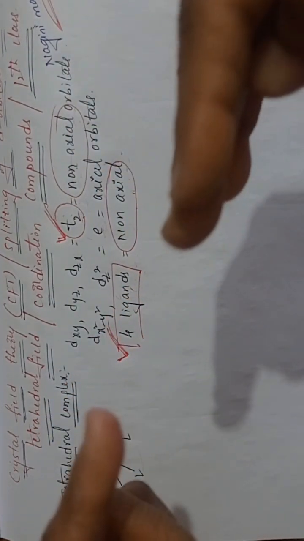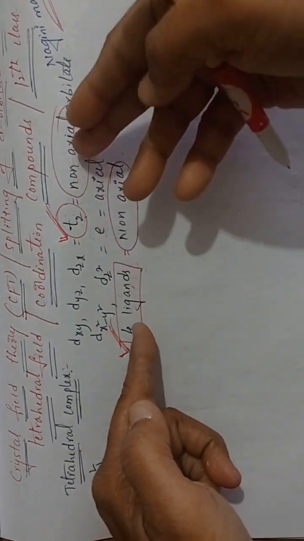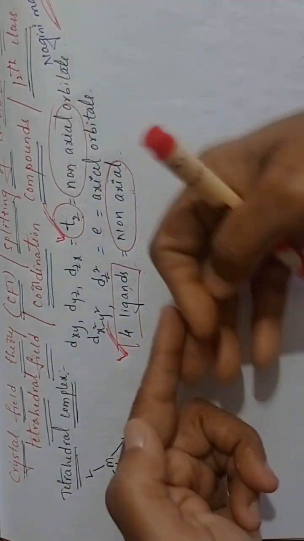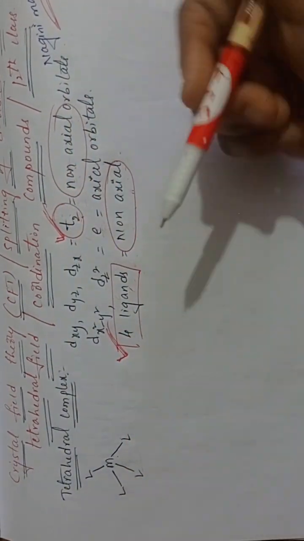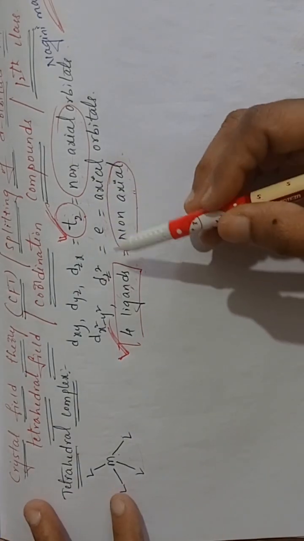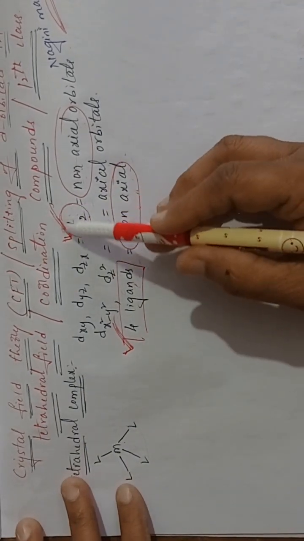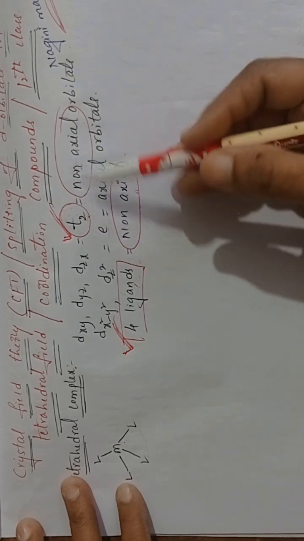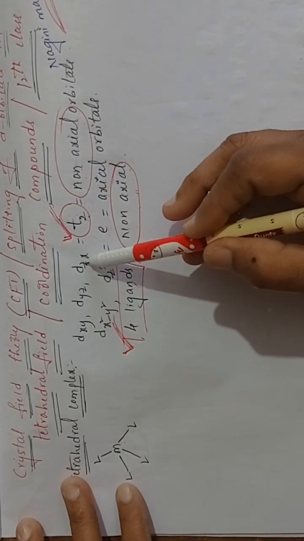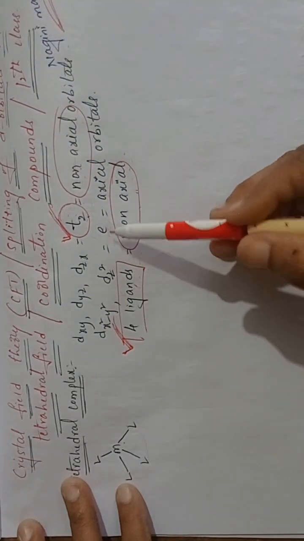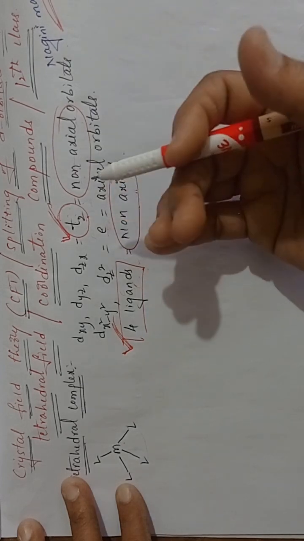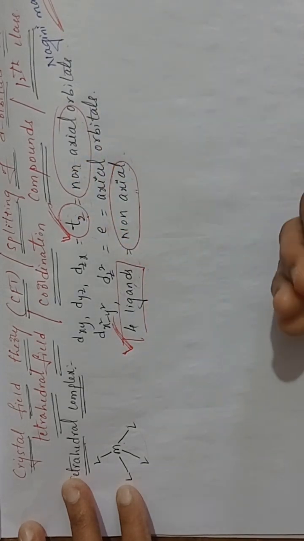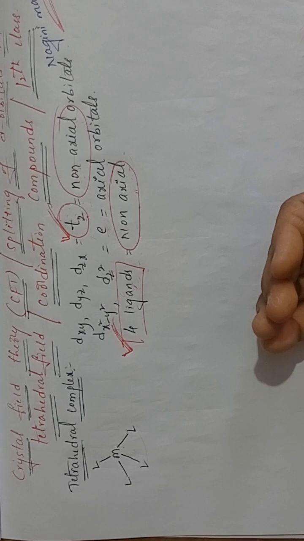Repulsions between the ligands and the t2 orbitals are more, so the t2 orbitals' energy is raised. That means the three t2 orbitals go up, and the e orbitals, the axial orbitals, have their energy decreased. They come down.